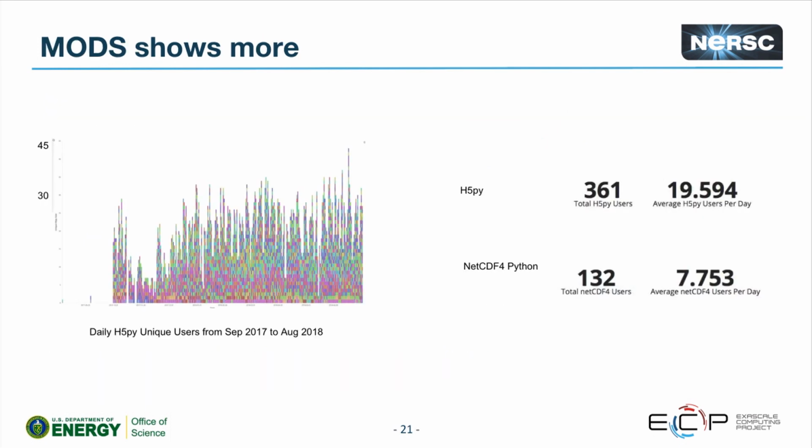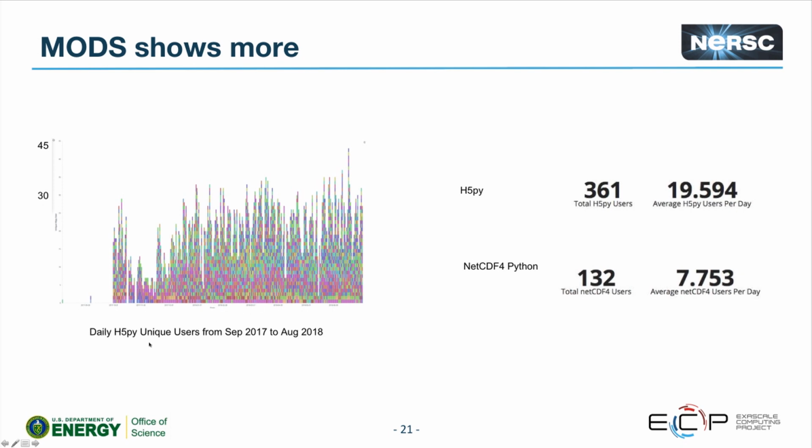And we observed an increasing number of users of those productive software. We monitor the software usage every day. For example, this is the daily h5py unique user count from 2017 to just a few days before I came here. You can see that it's increasing.